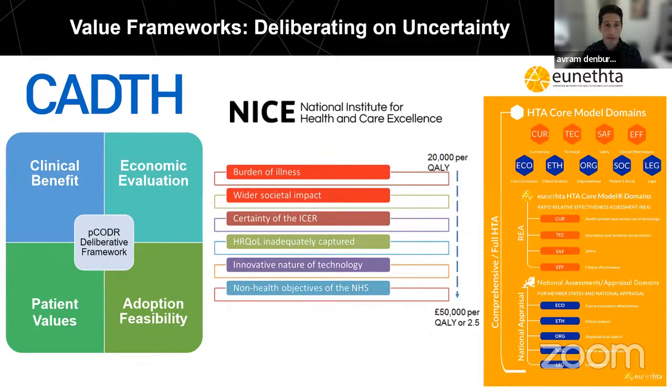I've just put up 3 quick snapshots of this from a few different, I would say, really leading HTA bodies or consortia internationally: CADTH, the Canadian Agency for Drugs and Technologies in Health, NICE, the National Institute for Health and Care Excellence, and EU Net HTA, all of which have, I would say, striven to adapt their frameworks for how we do HTA and how we consider value in response to these evidentiary challenges brought both by precision medicine and also by a recognition of a need to consider some broader inputs than just clinical benefit or perhaps value for money. Next slide, please.